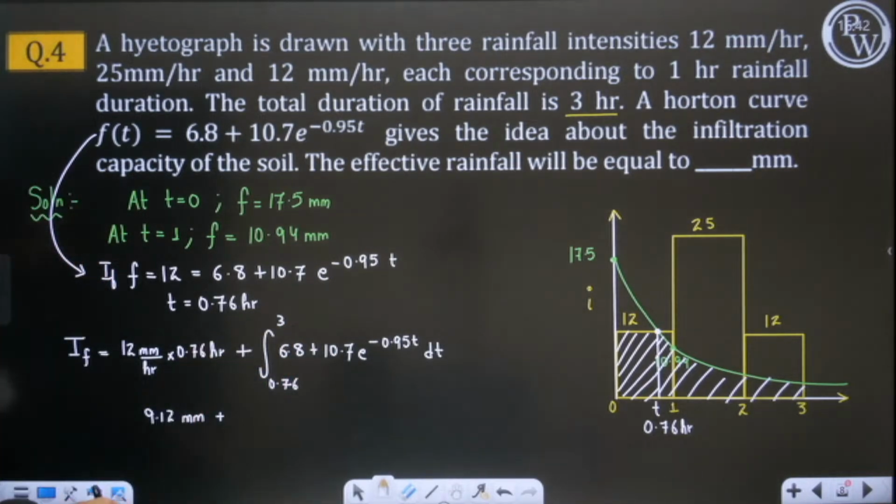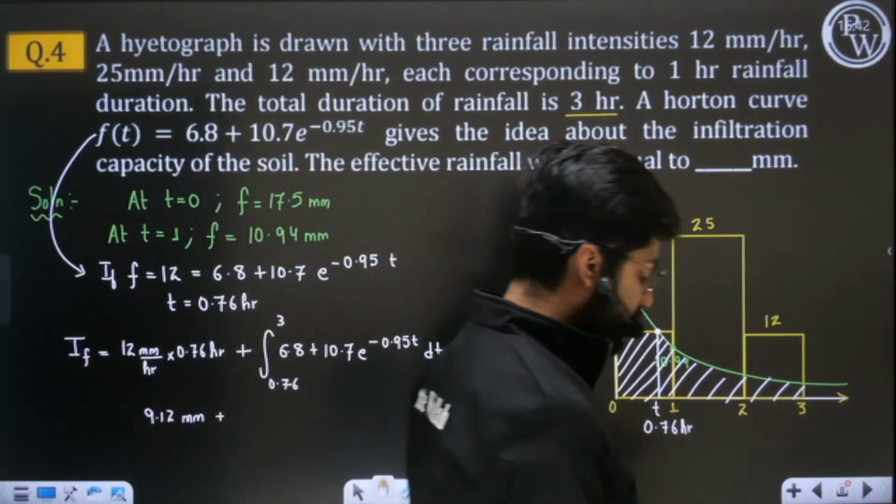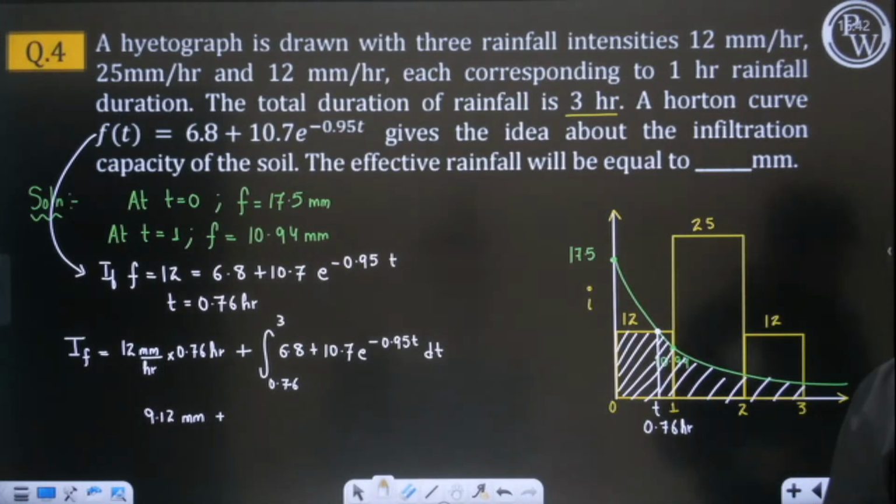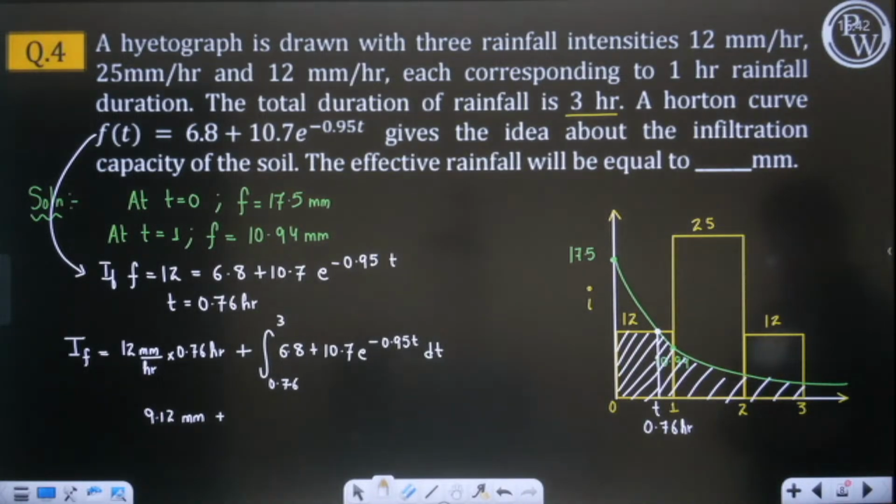If I solve this, we can put all the limits here: 0.76, then upper limit is 3.